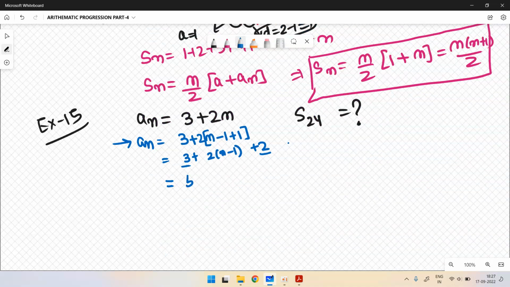This is equal to 3 plus 2, which is 5, plus n minus 1 into 2. This is a of n.